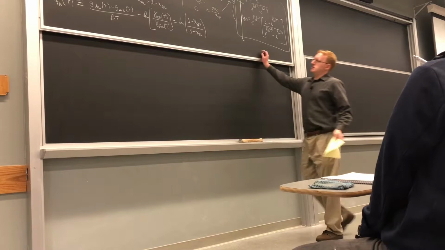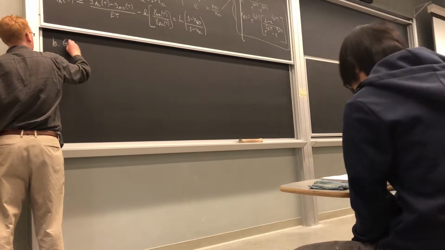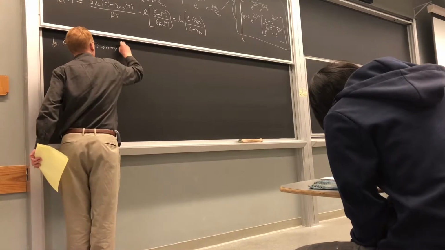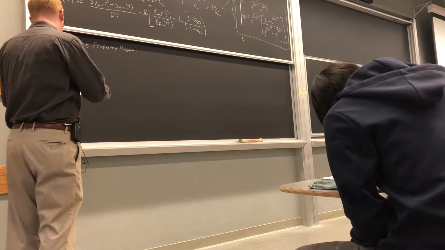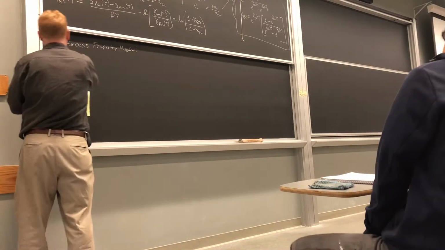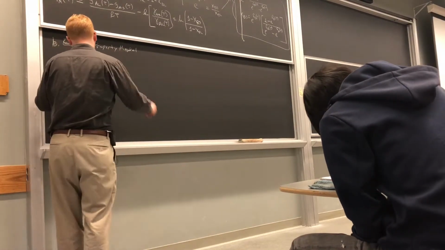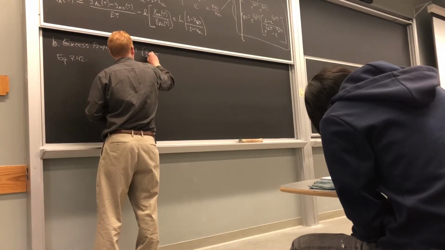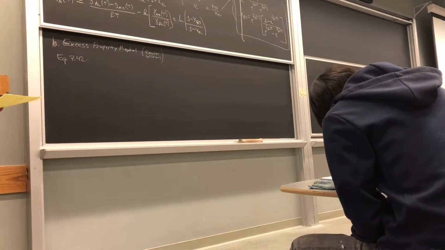And then if you wanted to do this the other way, using the excess property model, I'm going to just try to copy this. So from equation 742, and by the way, I'm just going to be dealing with regular solutions, not general non-ideal solutions, just specifically regular non-ideal solutions.